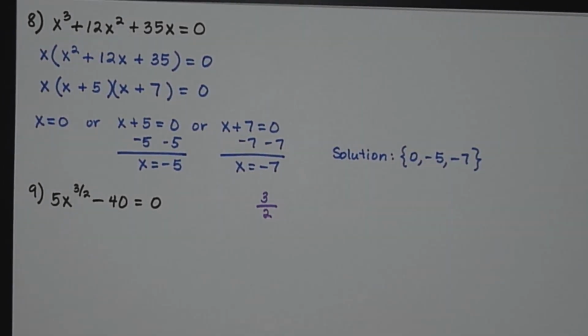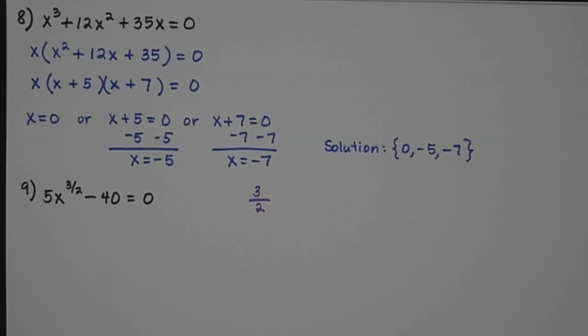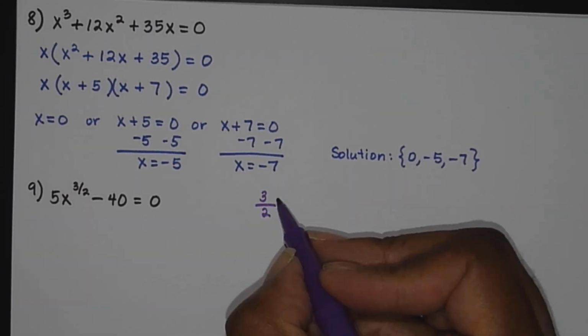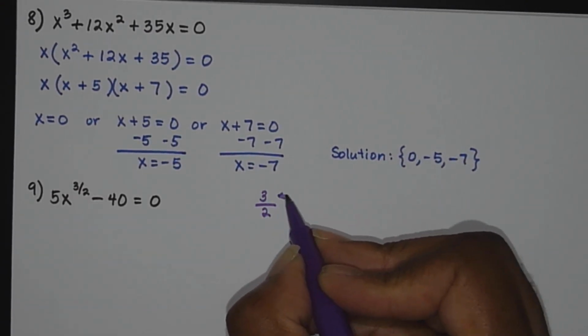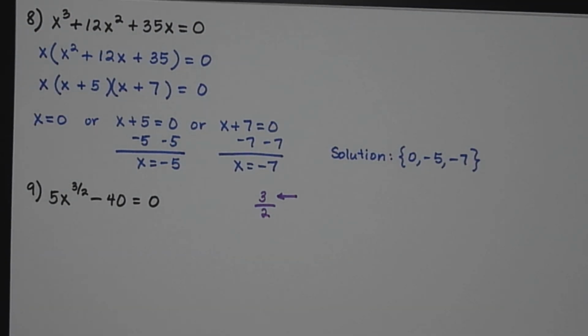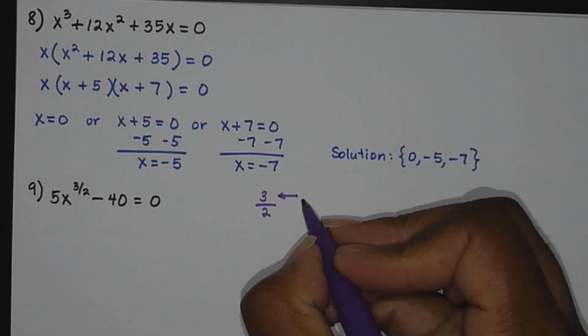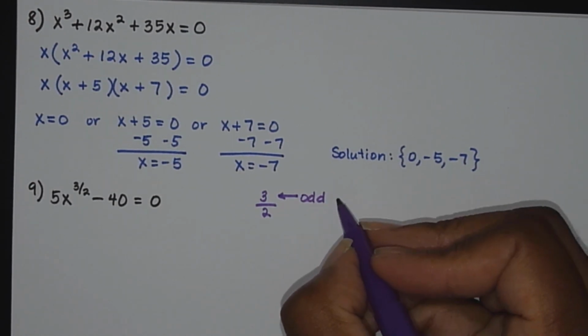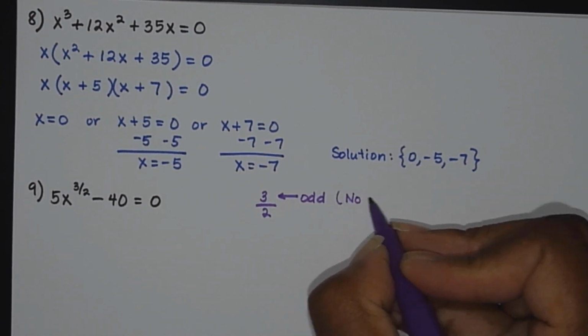It's going to tell me whether or not I need a plus or minus sign. And also it's going to tell me whether I need to check my proposed solution. The numerator tells me whether I need a plus or minus symbol. The 3 is even or odd? Odd. And since it's odd, that means I do not need a plus or minus symbol.